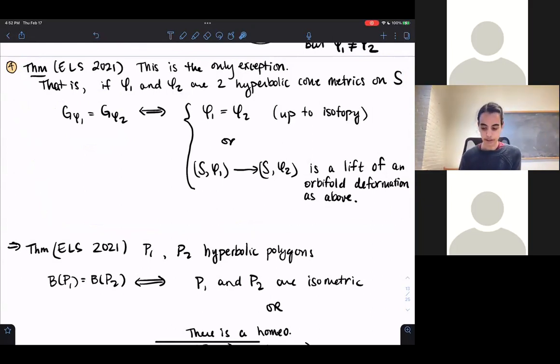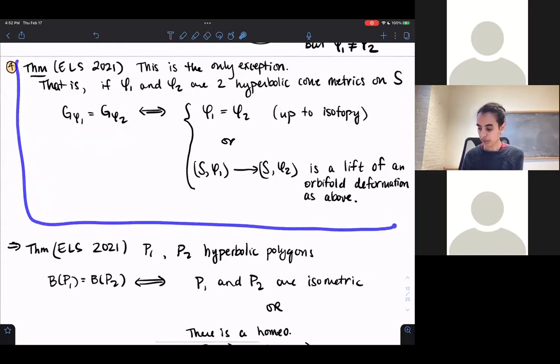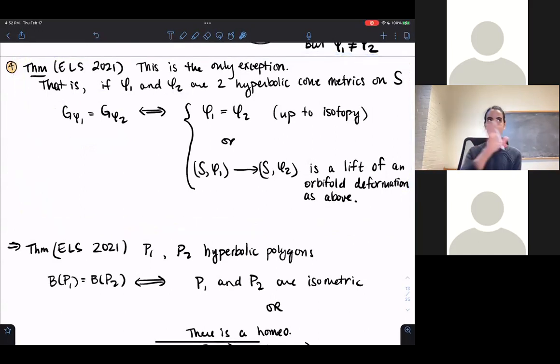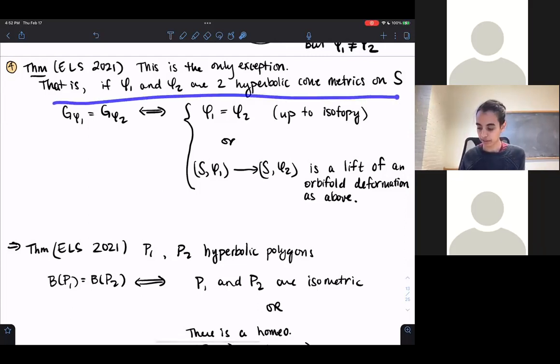In this case, because we don't know anything about the polygons, we don't even know at this point that we have the same number of cone points. In the case where we started with a polygon and made these unfoldings, because they were tiled in similar ways, they had the same number of cone points. But with this hypothesis, we don't even know that to begin.